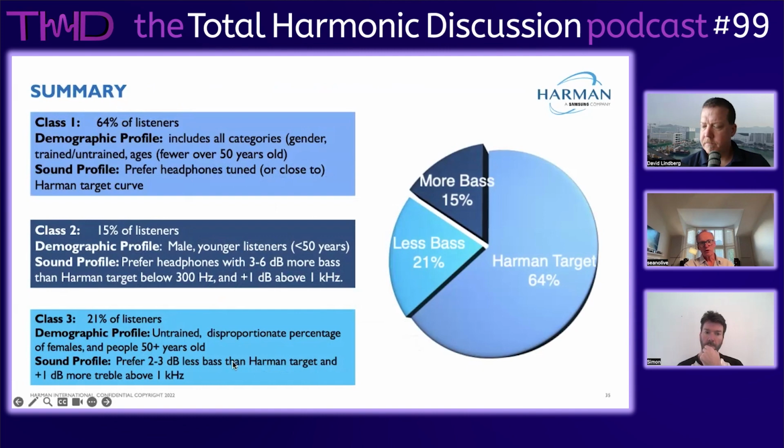And then class 3 tended to be untrained listeners, a disproportionate number of females and people over 50. So again, we see this tendency of age and females liking less bass, and this class is mostly defined by less bass.